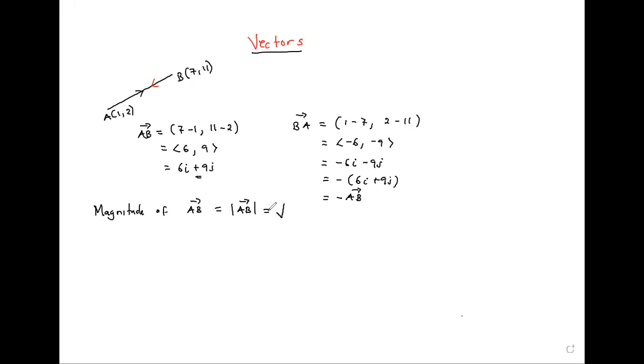And then it will be the distance where you get 6, square it, get 9, square it. So you understand that the magnitude of vector BA will be the same, because even here we'll say -6 squared plus -9 squared.